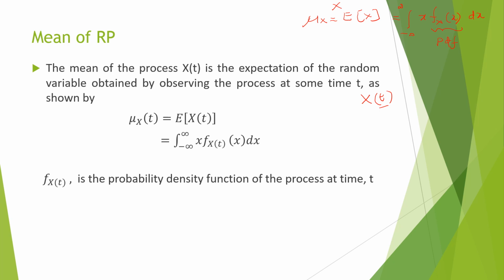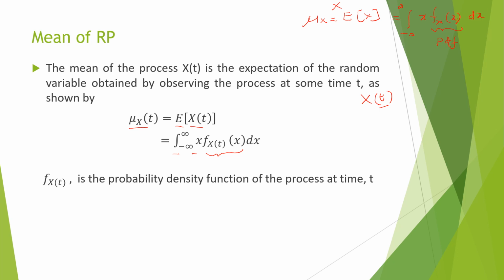Now, if I want the mean value of X(t), it is given as mu_X(t) equal to the expectation of X(t), which is equal to the integral from minus infinity to infinity of x f_X(t)(x) dx. This f_X(t)(x) is the probability density function of the random process at time t.